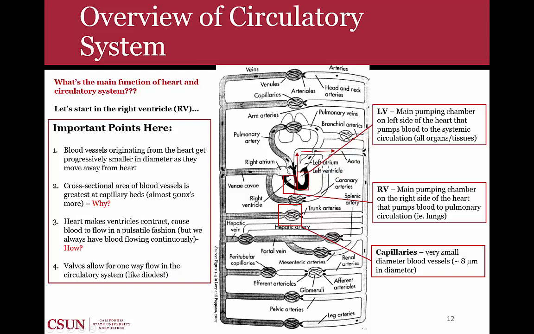One is that, like I mentioned earlier, the blood vessels are elastic, so they store some of that pressure or volume in the expansion of the vessel. Also, because you're getting progressively smaller from ventricle to organs, the higher resistance of the blood vessels is dampening the pulsations.